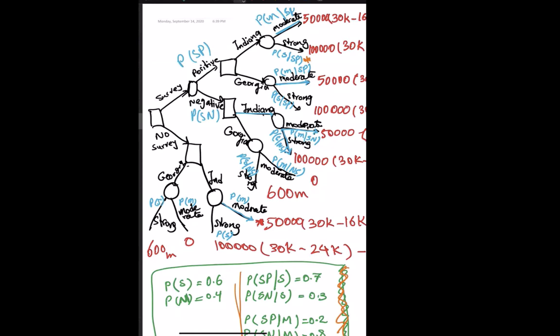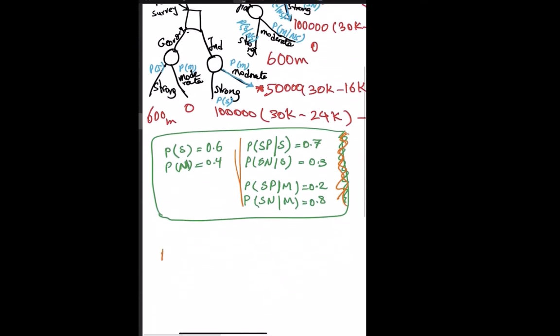So let's calculate the first one, this one. Probability of moderate sale given that the survey says positive attitude. How are we going to calculate this one? Write down the conditional probability form.